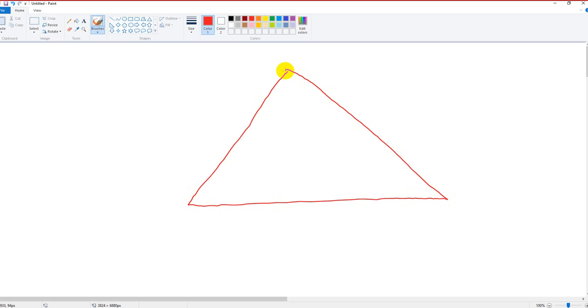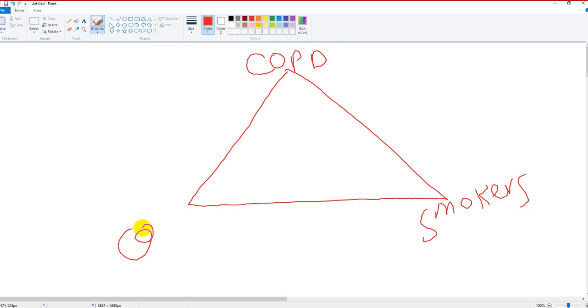Let's imagine COPD, smokers, and alcohol. This is the commonest example for a confounder. People said that those who drink alcohol got COPD. Do you think that's right?